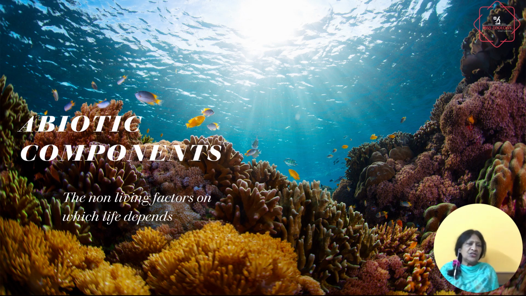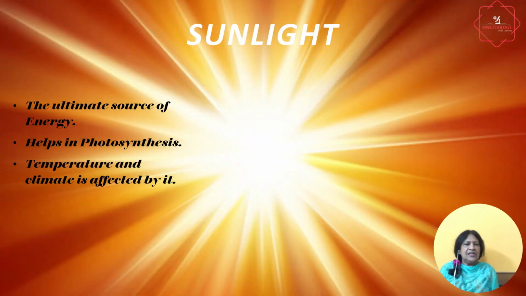The importance of abiotic components is as much as that of the biotic components. Now, what are these abiotic components? They are the non-living factors on which life depends. Let's take into account the first non-living factor.